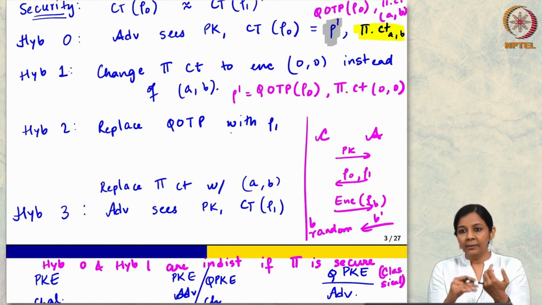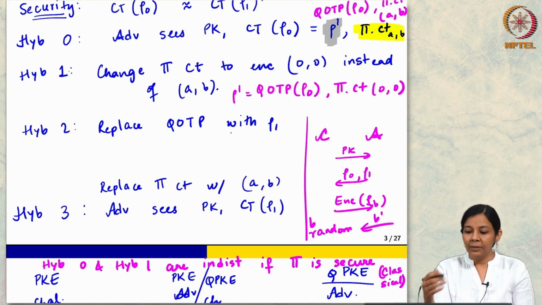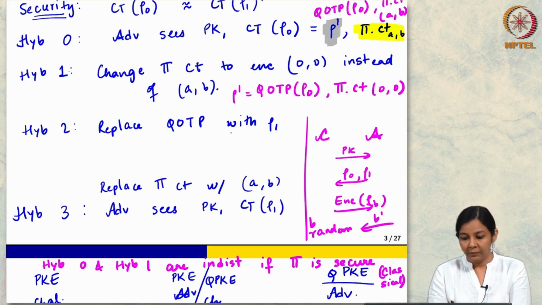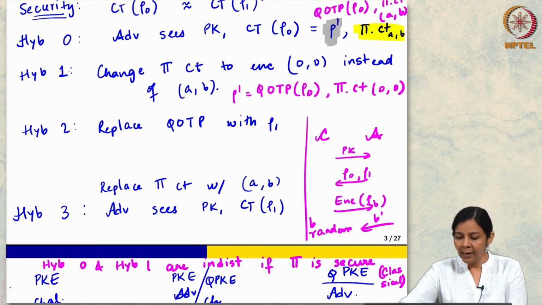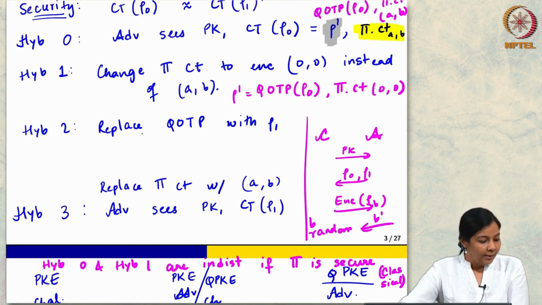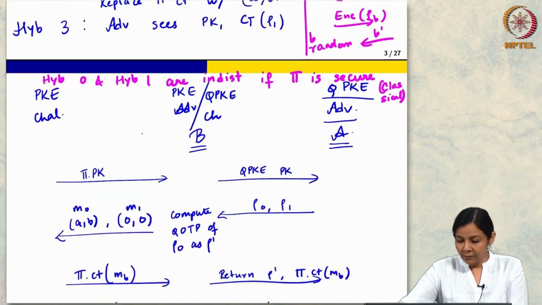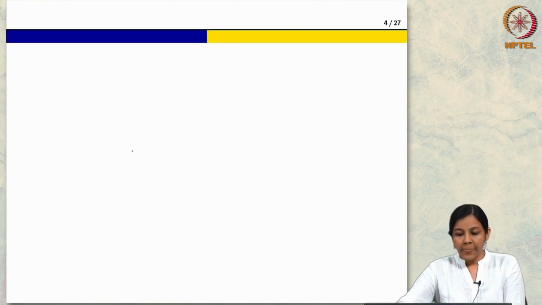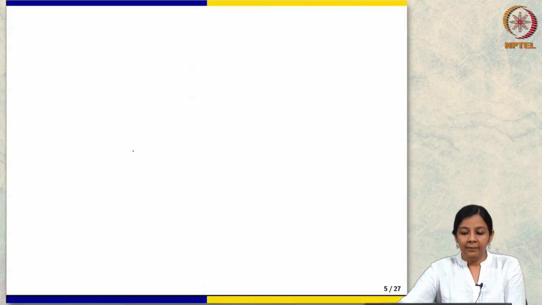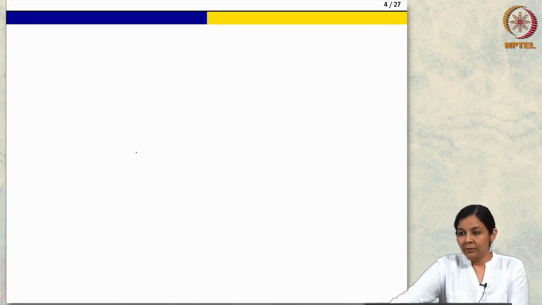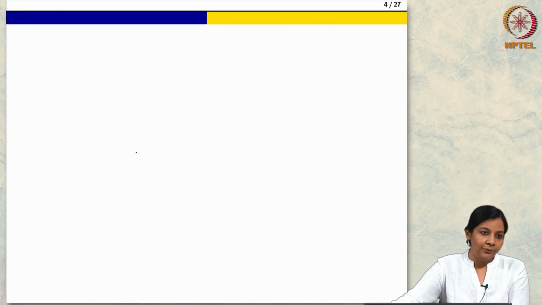So, that means that I can simply generate PKE ciphertext of 0 0 on my own, and I can replace this QOTP with row 1, okay, and then having done that I can go back to encrypting AB. Very good, very good questions. So, that is our PKE scheme. Okay. So, it is a simple nice combination of QOTP and classical PKE.